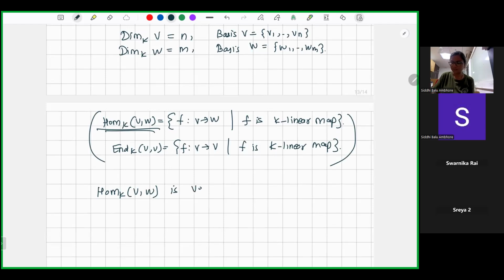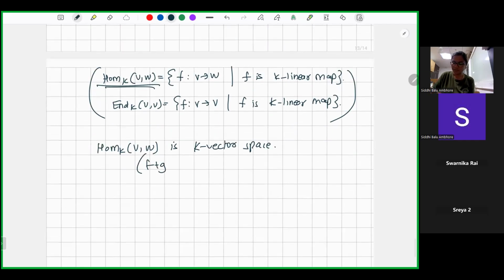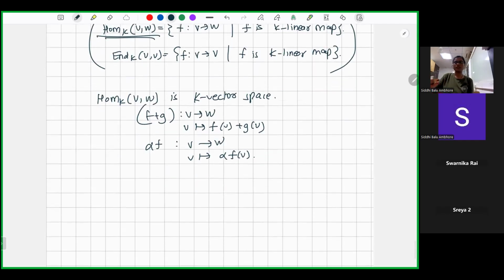Note that Hom_K(V, W) is a K vector space in itself, because we can add two functions, v going to f(v) plus g(v), and we can also do v going to alpha times f(v). So this is a K vector space.